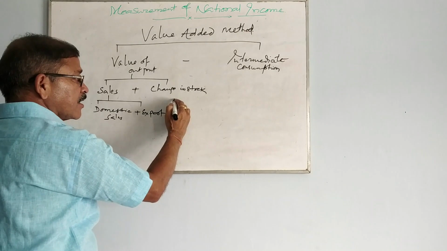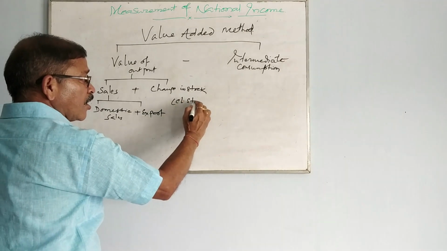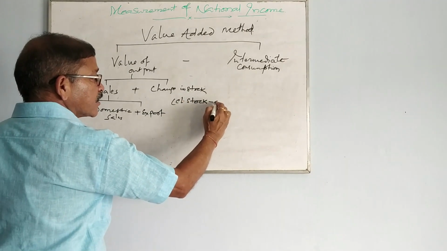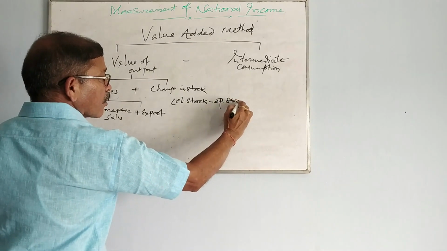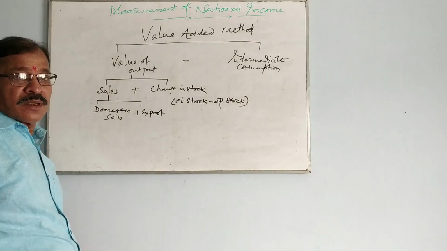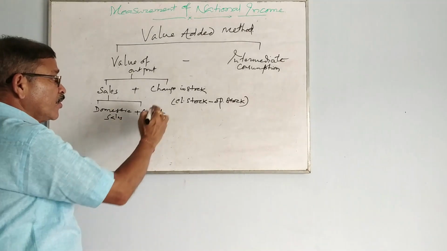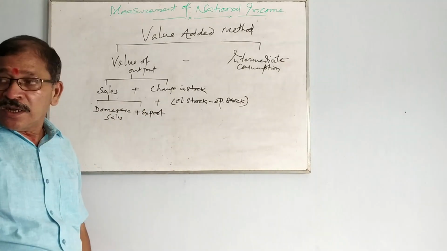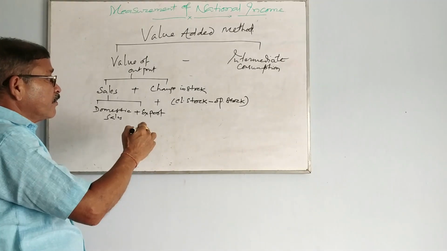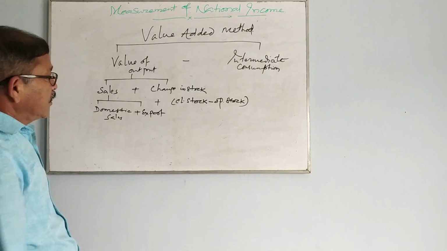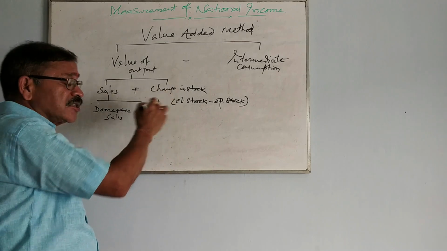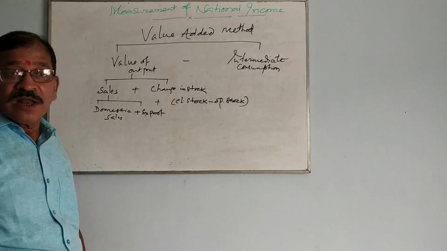So you have to see closing stock minus opening stock. If you do, then you will be able to find out sales or change in stock, and then you will find out value of output.